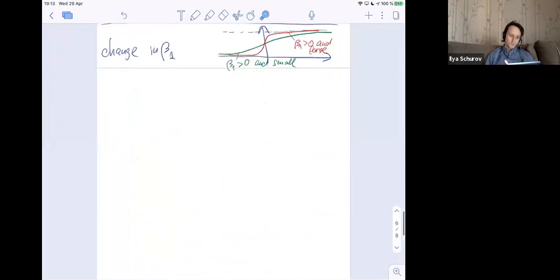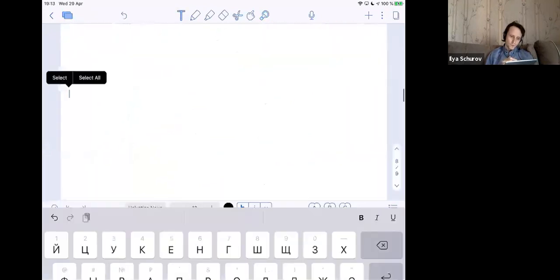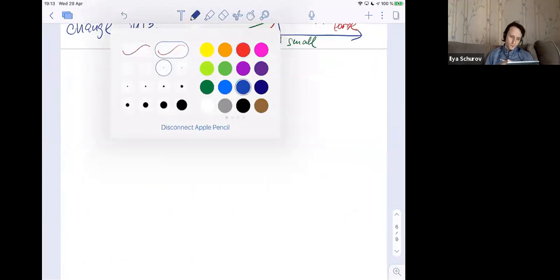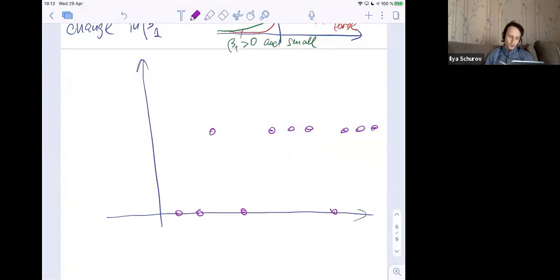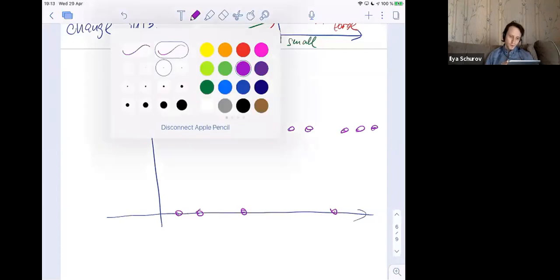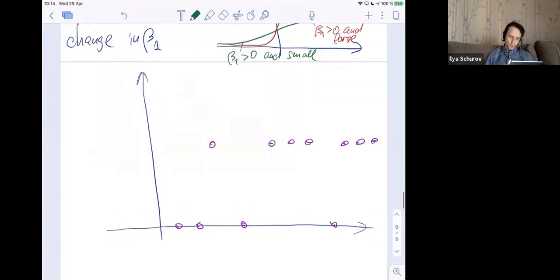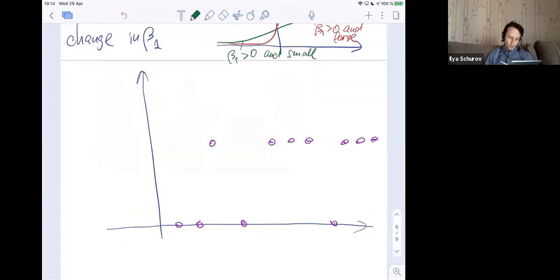So we have some data points, and we want to fit some curve from our family to these data points.